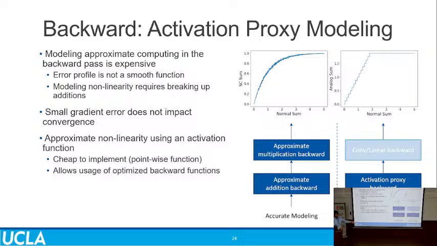In the case of analog arithmetic, it looks like something else, etc. But you design a proxy activation function for the backward pass, and that's what is used in training rather than emulating the underlying operators themselves. That recovers the roughly factor of 100 slowdown that we saw in this training. And these are relatively cheap to implement. These are pointwise functions, activations, right? And you can still continue to use those well-optimized cuDNN kernels.